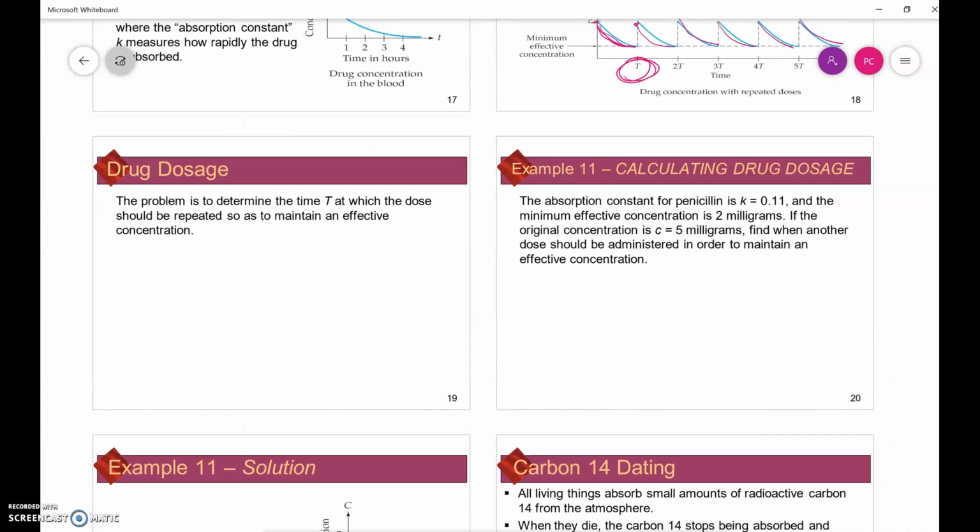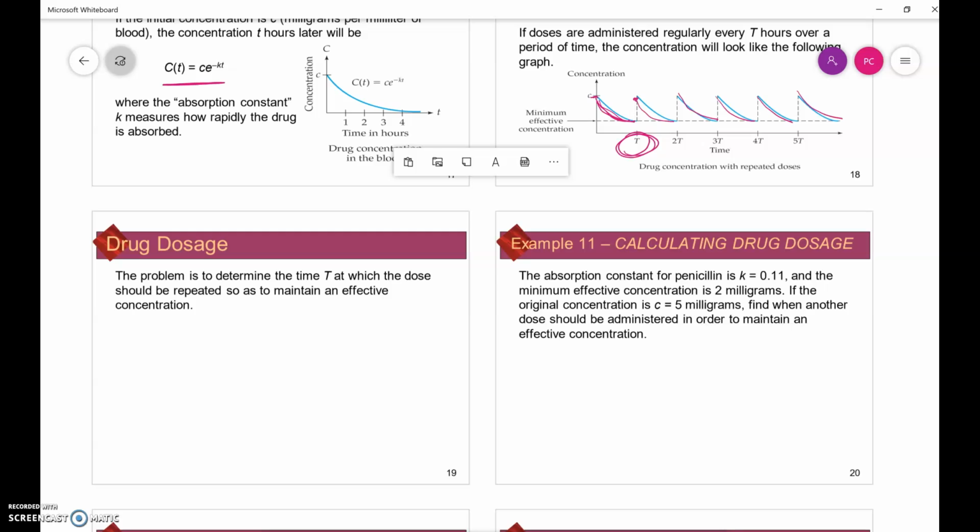The problem is to determine the time t at which the dose should be repeated so as to maintain an effective concentration. In order to do that, we want to use this formula, C of t equals C e to the negative kt.